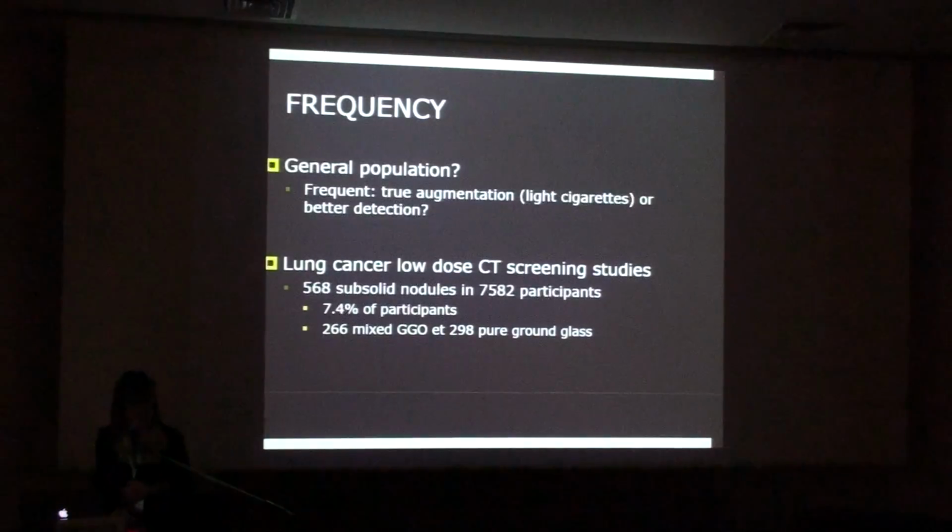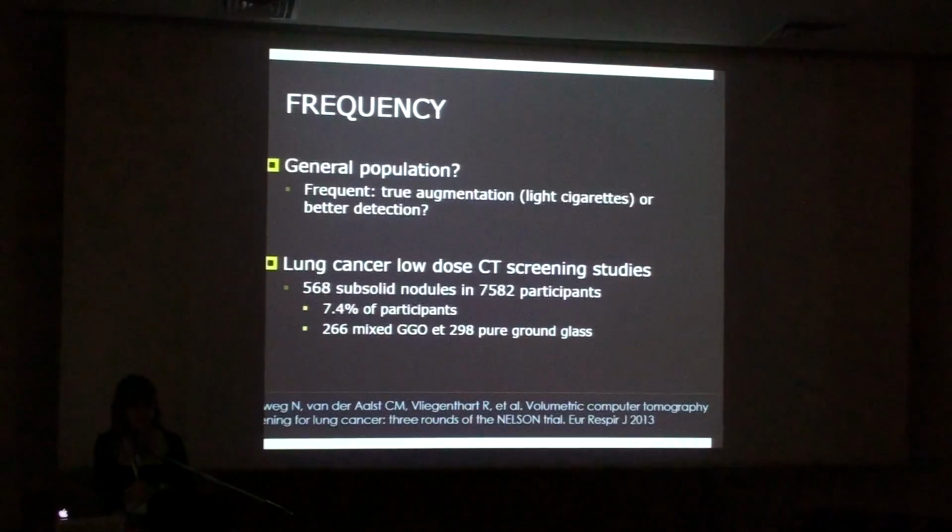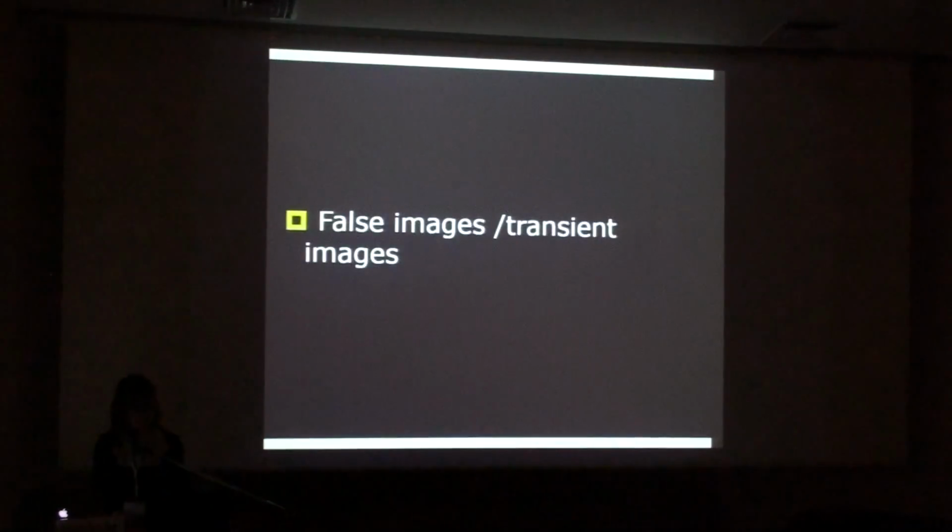But we have some data from the lung cancer nodule CT screening studies, especially from the Nelson study. The frequency was 7.4% of participants having subsolid nodules, partly mixed GGO or pure ground glass.